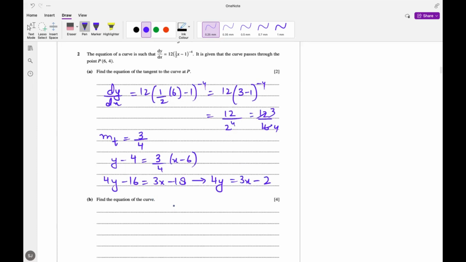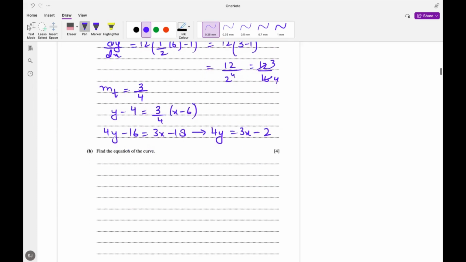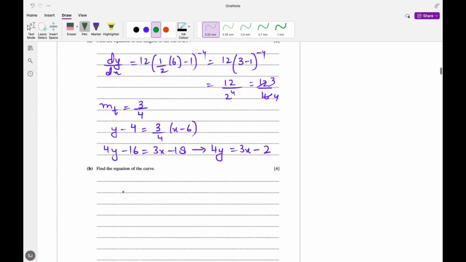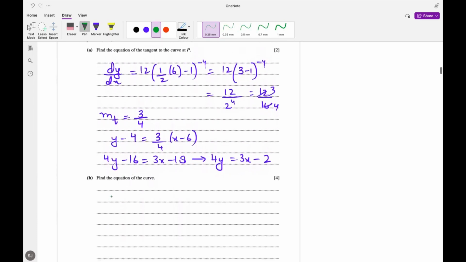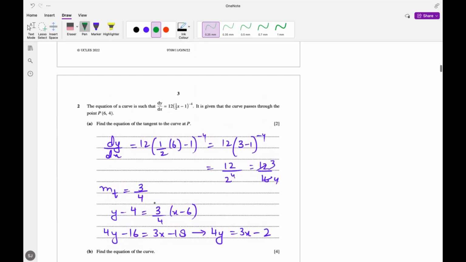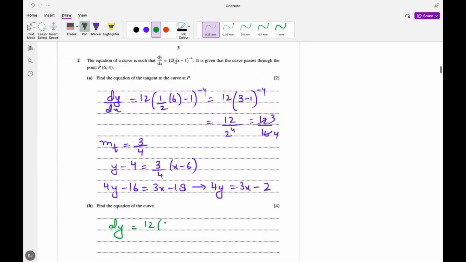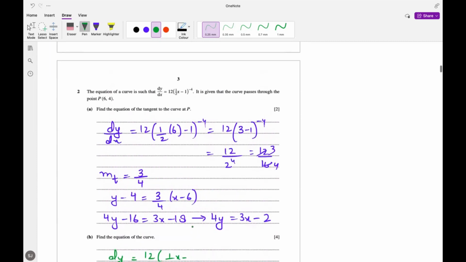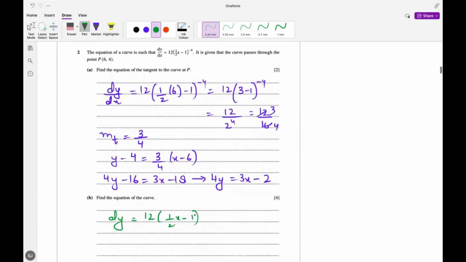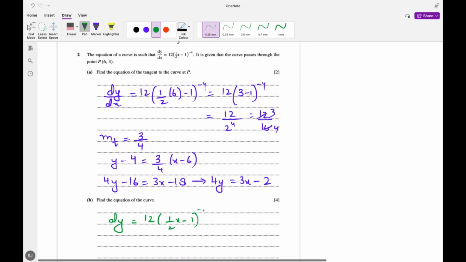In part B, we have to find the equation of the curve. Now to find the equation of a curve, we'll have to integrate the given equation. So before integrating, we'll write it as dy = 12 into (1/2 x - 1) to the power -4, and we'll bring the dx on this side.